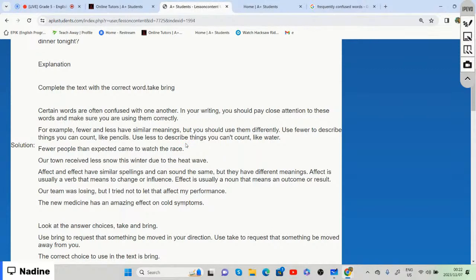We also made mention of the words affect and effect. They have similar spelling, and I said that they are basically just different by one letter, which is A for affect and E for effect.